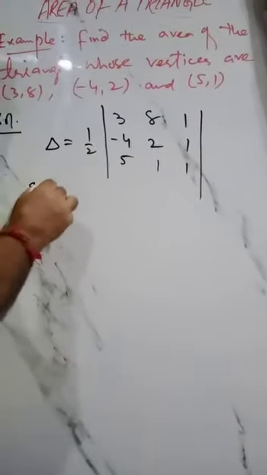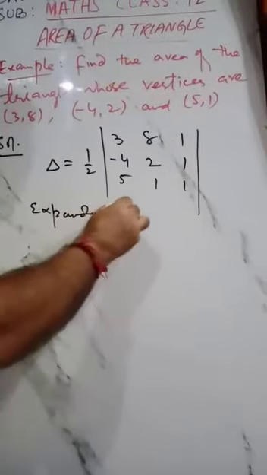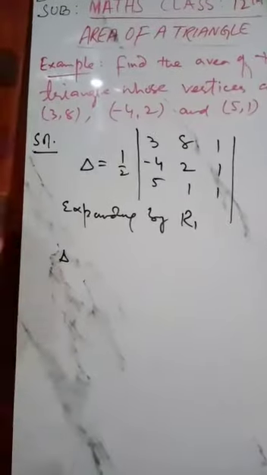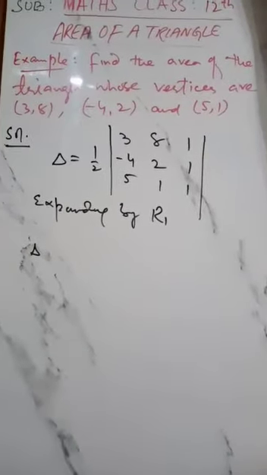So expanding by R1, we get area of triangle equal to 1 by 2 of.